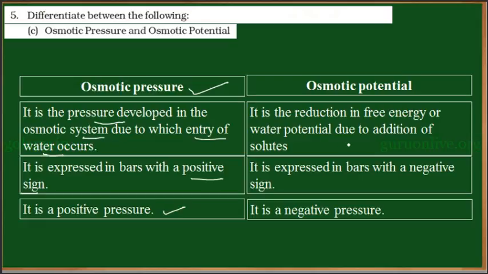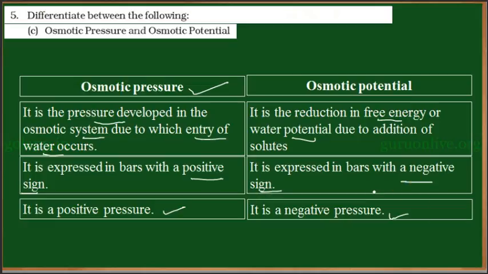But when solute is added to pure water, it reduces its free energy and hence the water potential decreases. So osmotic potential reduces the free energy and hence the water potential decreases. We know that the highest water potential is 0, but when solutes are added, the water potential decreases, and this is called a negative pressure, and it is indicated by a negative sign.